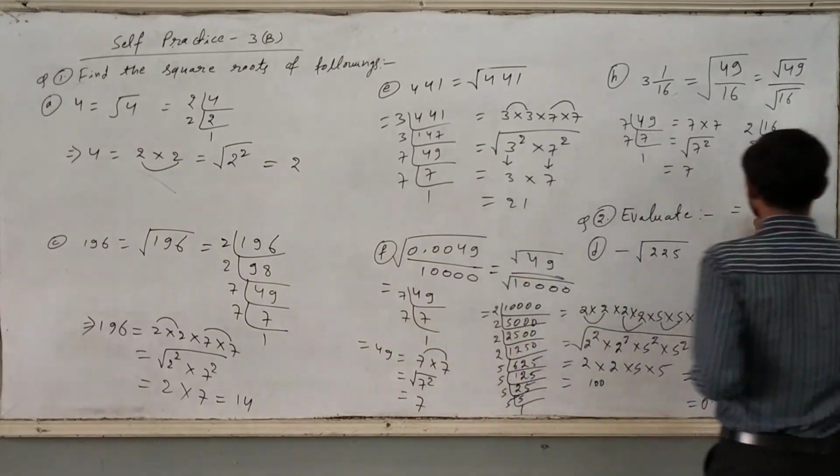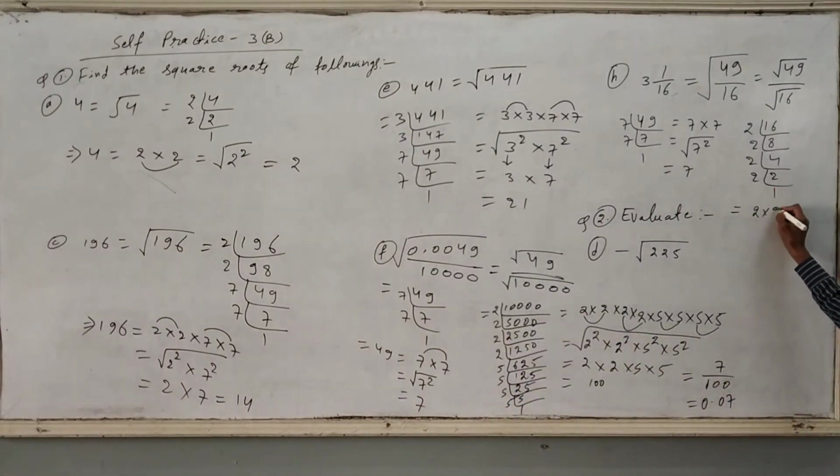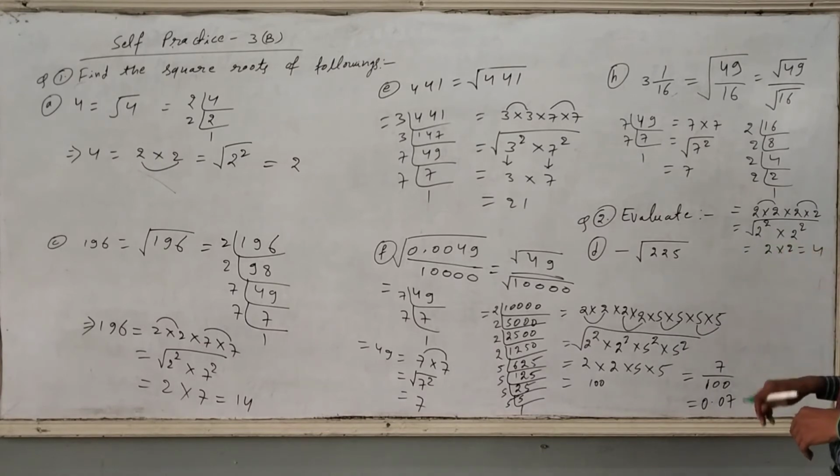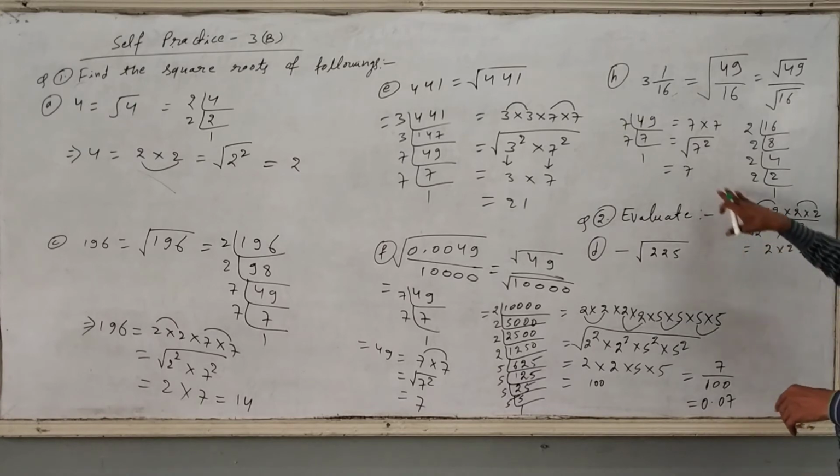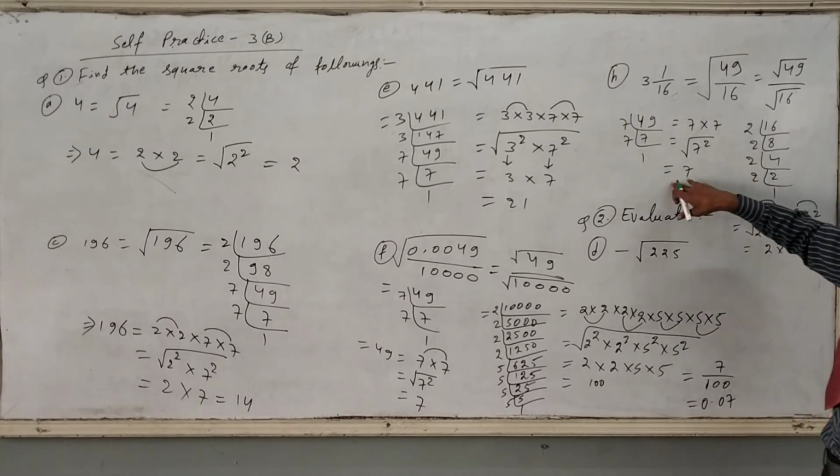So again, to make it clear, 2 into 2 into 2 into 2. So this is 2 power 2 into 2 power 2. Then take out under the symbol of square root. So answer will be 2 into 2, that will be 4. So final answer, square root of denominator is 4 and square root of numerator is 7.